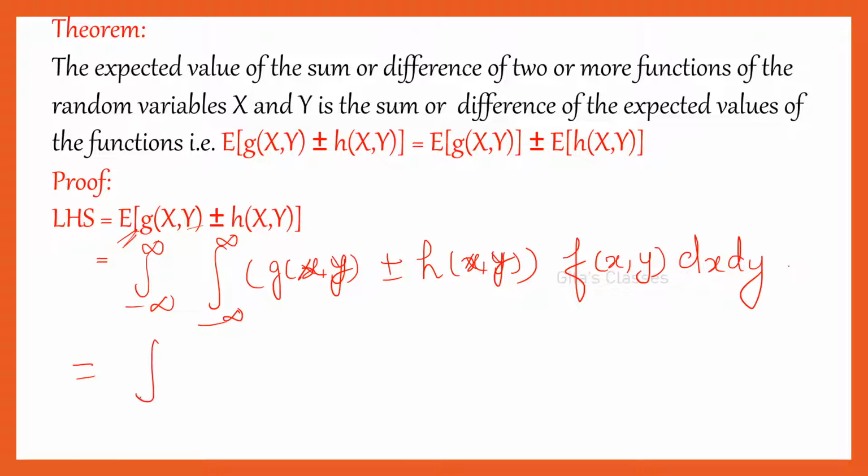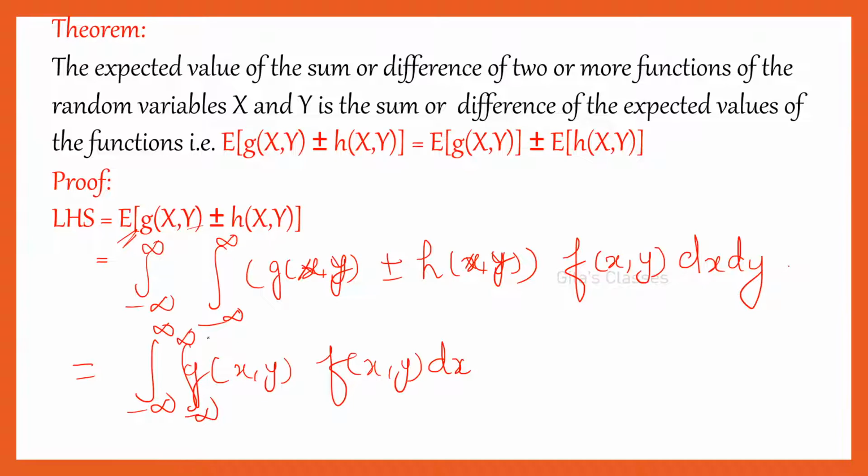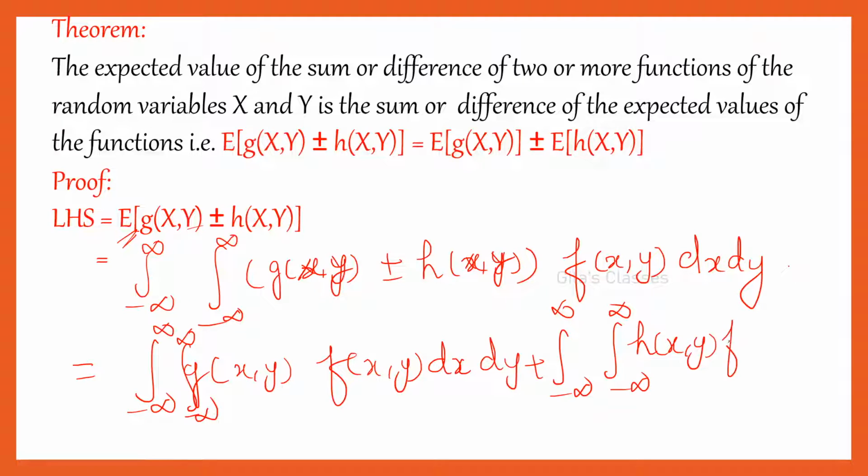So this is equal to the integral from minus infinity to plus infinity, both integrals, of g of x comma y into f of x comma y into dx dy, plus or minus the integral from minus infinity to plus infinity. I am separating this again: h of x comma y into f of x comma y into dx dy.